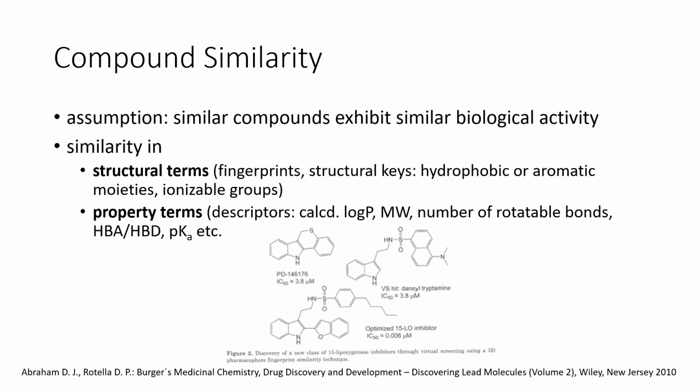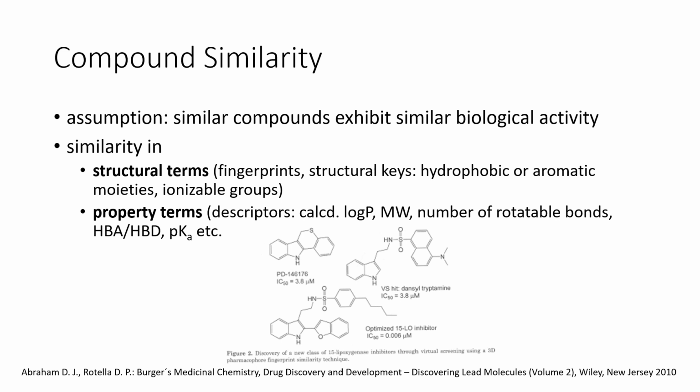The first approach is based on the assumption that similar compounds exhibit similar biological activity. The compounds can be compared in structural terms or in property terms. As for the structural terms, the compounds are evaluated in numbers if some features are contained in the molecule, for example, hydrophobic or aromatic moieties, ionizable groups.